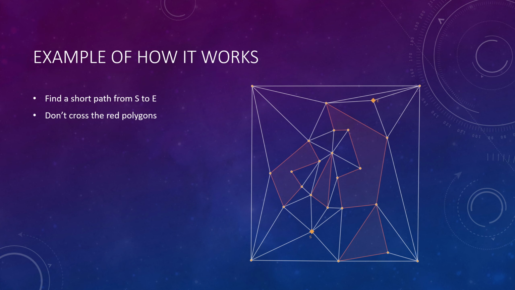Here is a drawing where we need to reach point E from point S, so from start to end, and we need to avoid the red polygons. First, we apply a constrained Delaunay triangulation, and it's already in the picture. The idea is to try to keep the Delaunay property as much as possible.